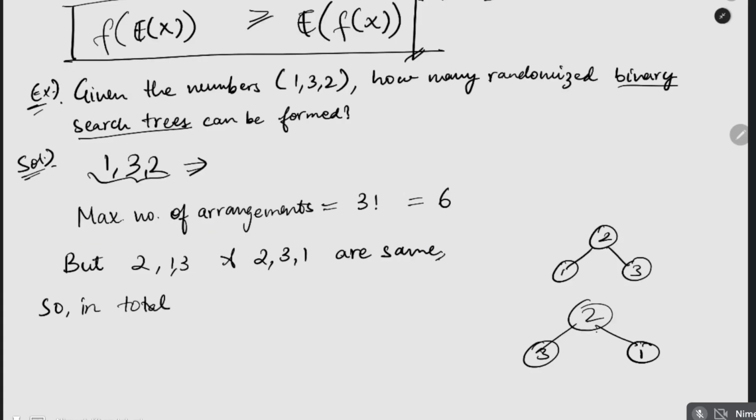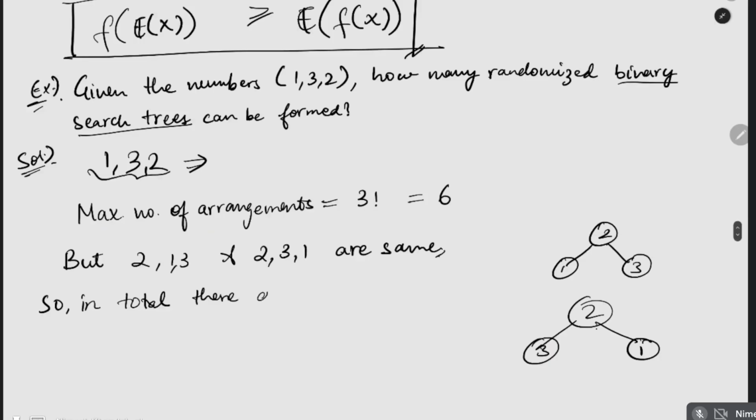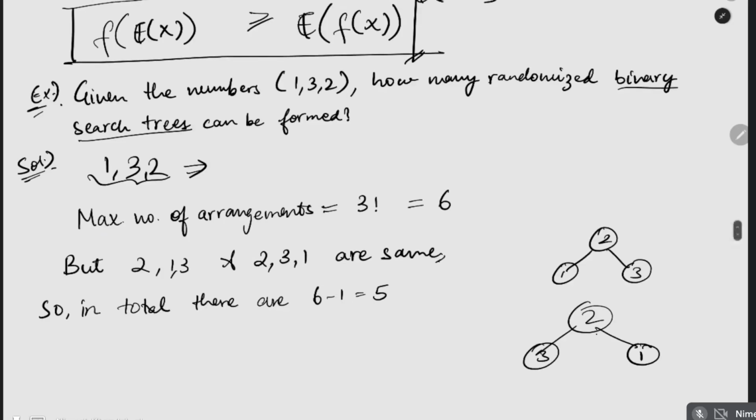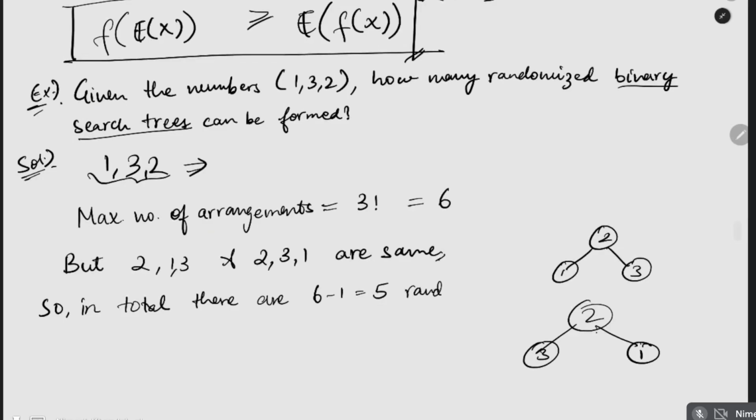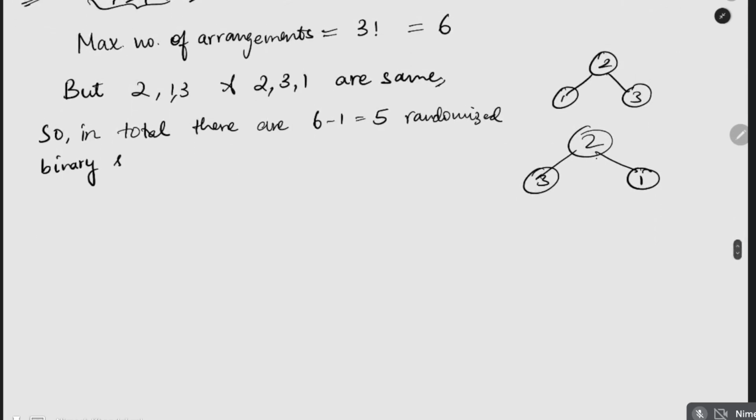So in total, there are 5 randomized binary search trees that can be formed.